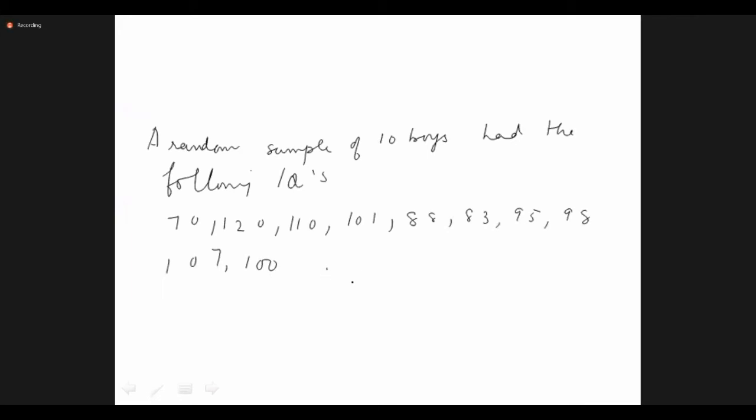Do this data support the assumption of a population mean IQ of 100?